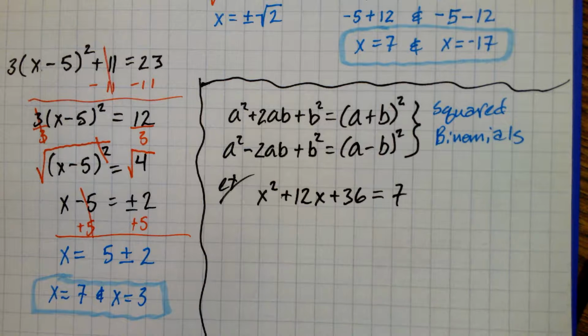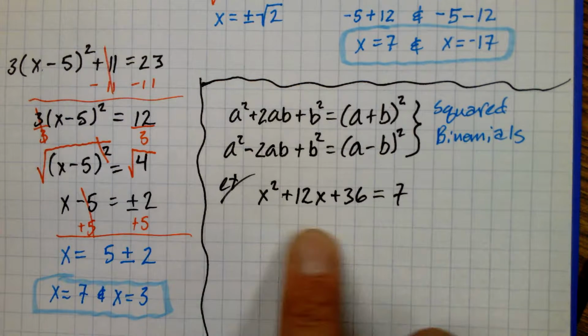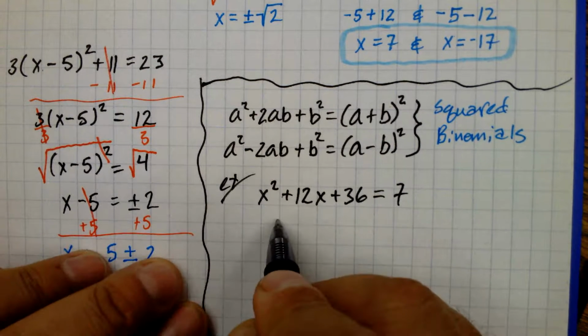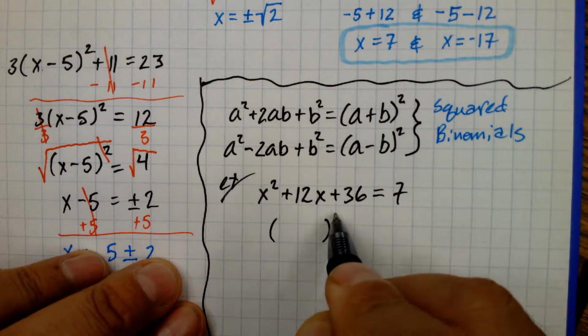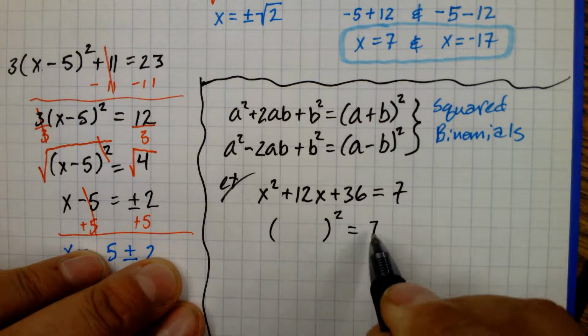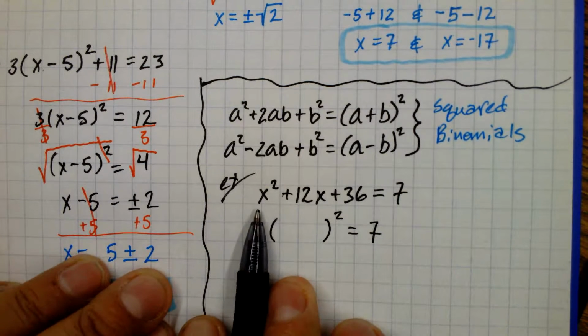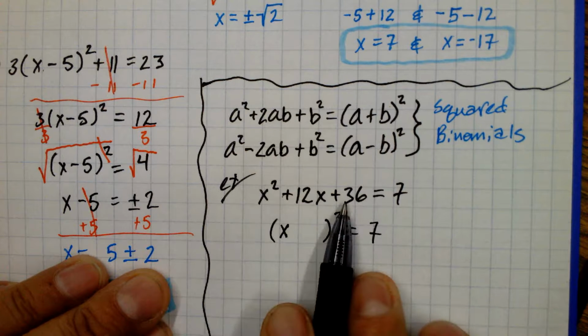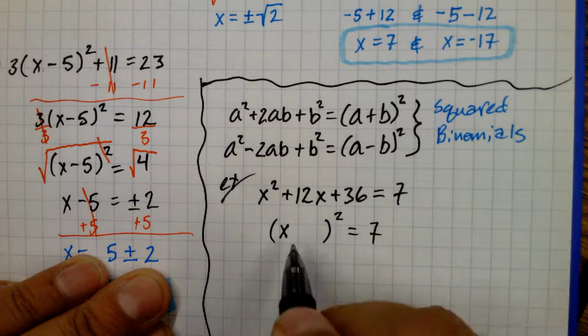So instead of writing this as x squared plus 12x plus 36, I can write this as a squared binomial. What's the square root of x squared? So that would go here. What's the square root of 36? 6, right?